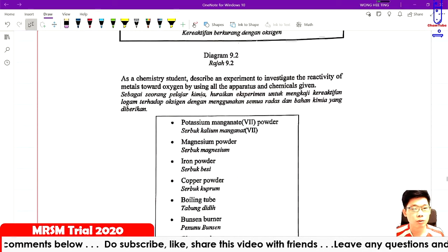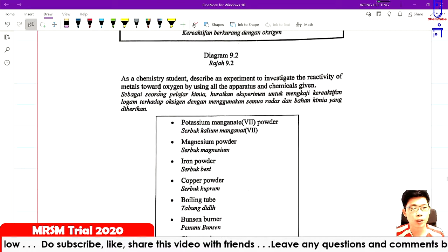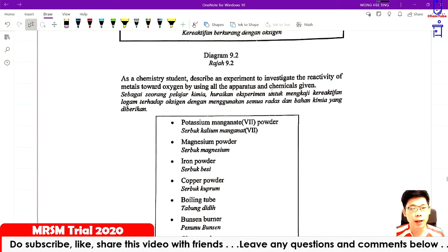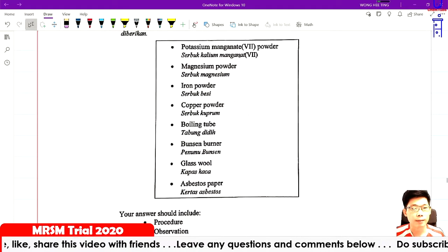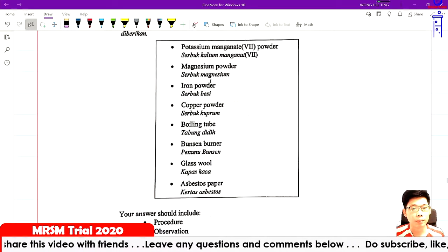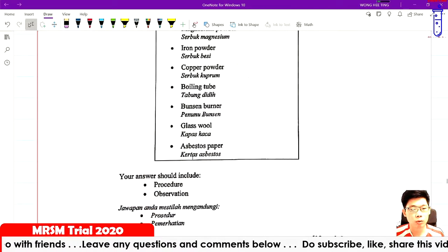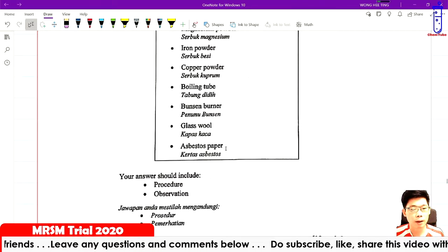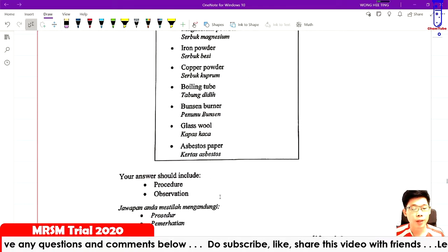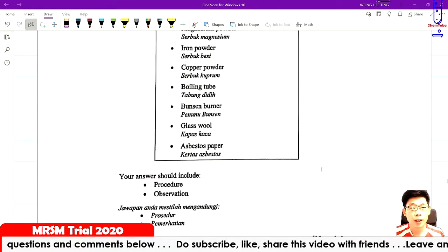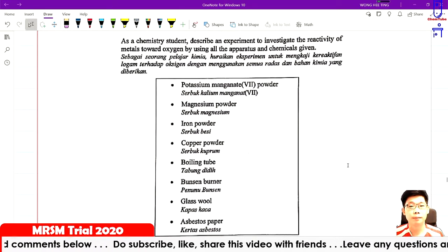As a chemistry student, describe an experiment to investigate the reactivity of metals towards oxygen using the apparatus and chemicals given: potassium manganate 7 powder, magnesium powder, iron powder, copper powder, boiling tube, Bunsen burner, glass wool, and asbestos paper. Your answer should include the procedure and observation. Now I will show you a video on how to do this experiment.